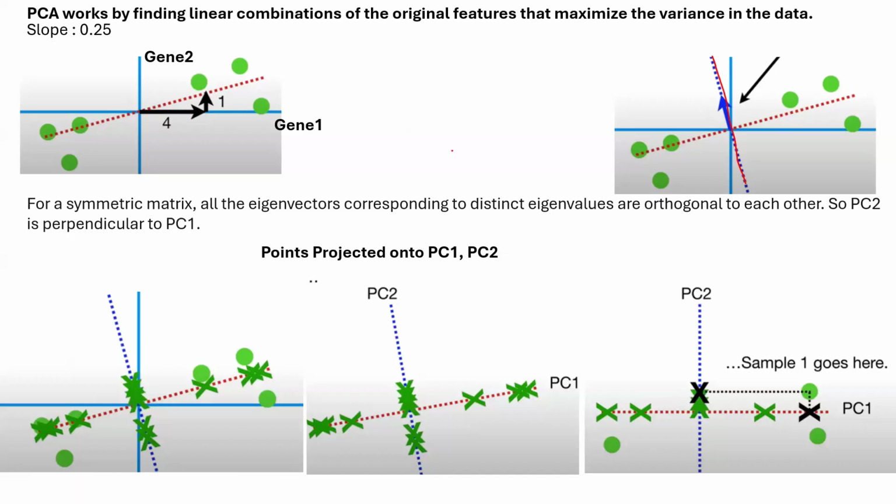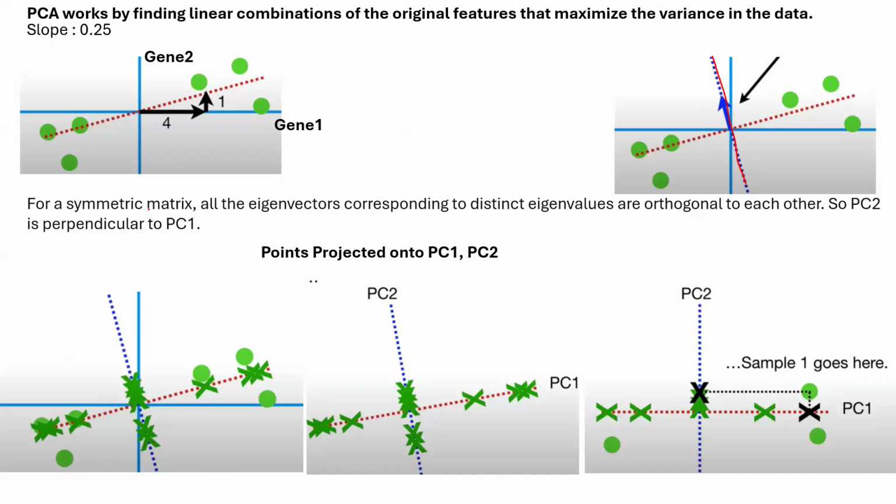And just understand this: for a symmetric matrix, all the eigenvectors corresponding to distinct eigenvalues are orthogonal to each other. Just take this for granted for now.